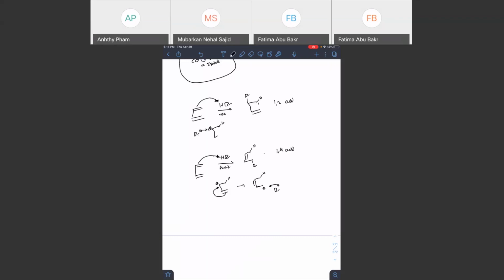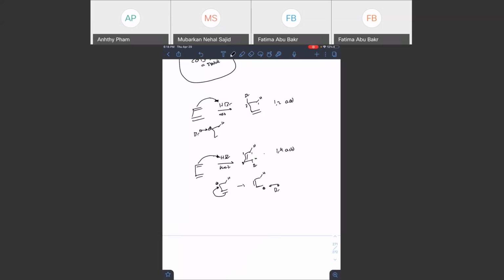In this situation, you added the Br 1 carbon away from where the hydrogen was added, whereas this one is 4 carbons away from where the hydrogen was added. So that's 1,4 addition. But here, when he talks about 1,2 addition and 1,4 addition, he's talking about some other differences. It's not just temperature. It's also the other things involved in the reaction.